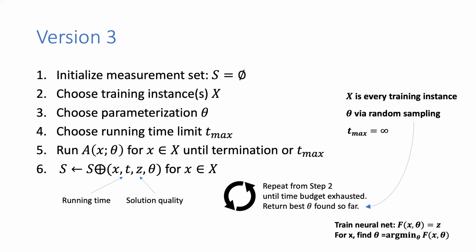So in the first two versions, returning the best theta found so far is basically just statistics. We just do some empirical statistics, possibly Bayesian statistics, and we have a statistical estimate of what is the best theta found so far. If theta is a gigantic high-dimensional space, and you think you can learn a feature representation that can generalize across many thetas, which is typically what people do in supervised learning, then version 3 basically reduces this to a supervised learning problem.